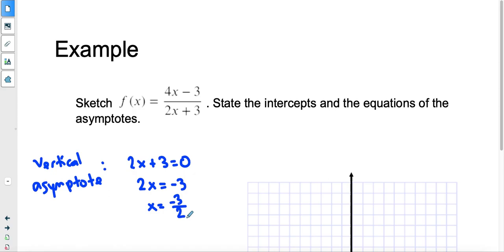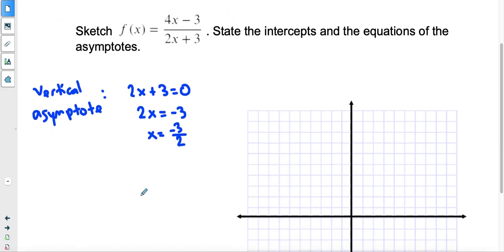To find the equation of the horizontal asymptote, well, we just looked at that. If we have an equation in this form, the equation of the horizontal asymptote is in the form y is equal to a over c.